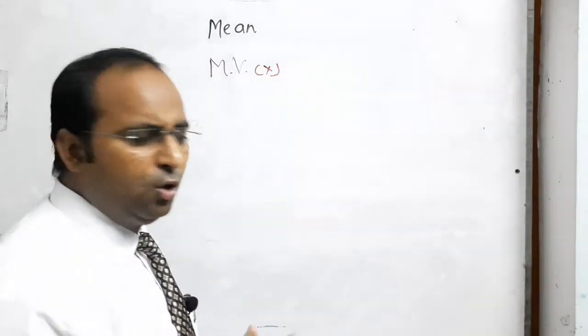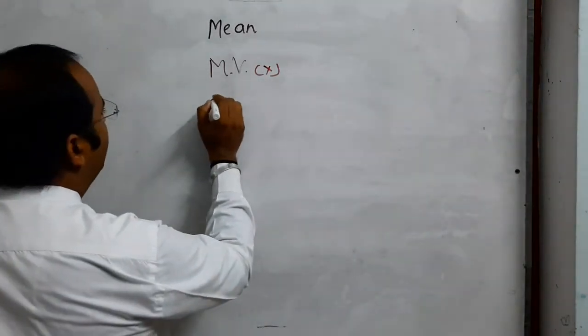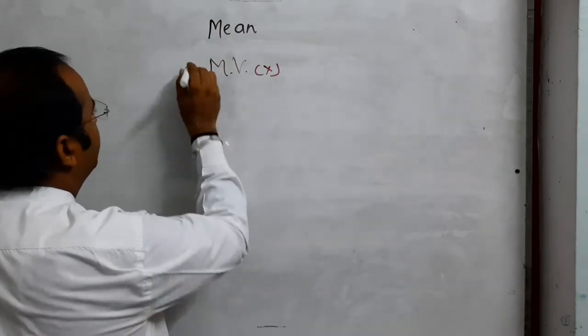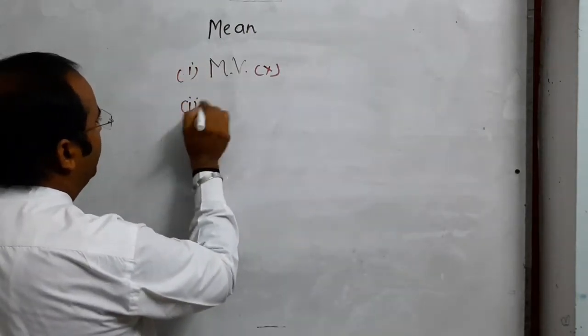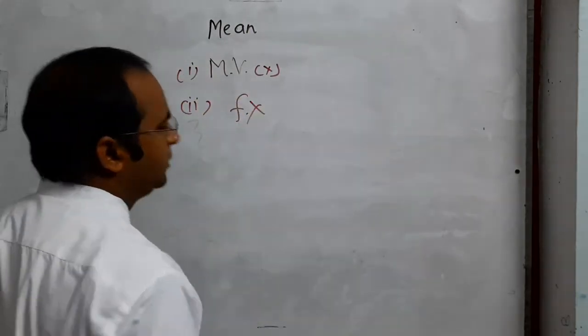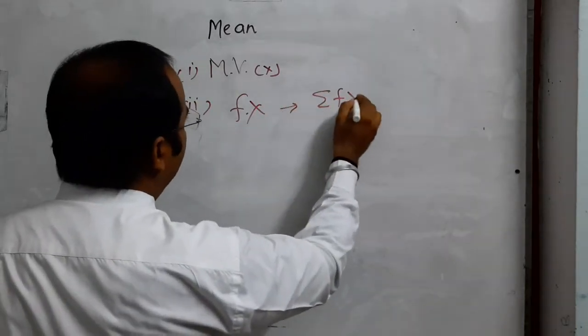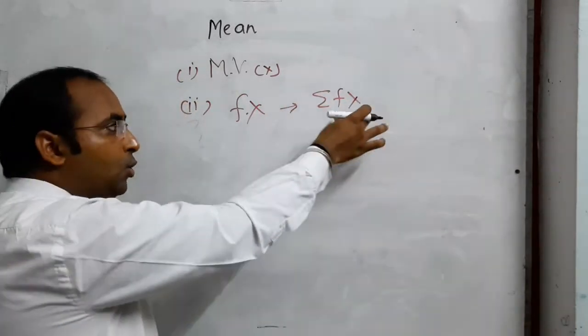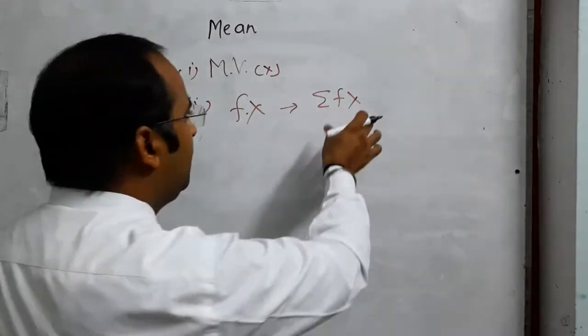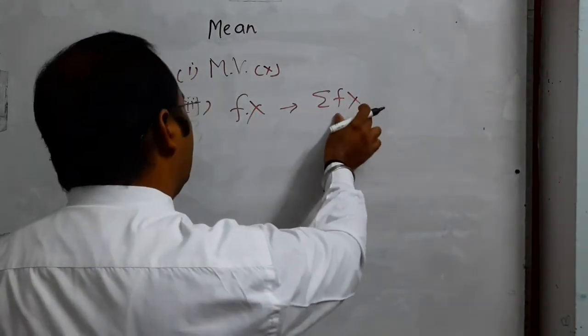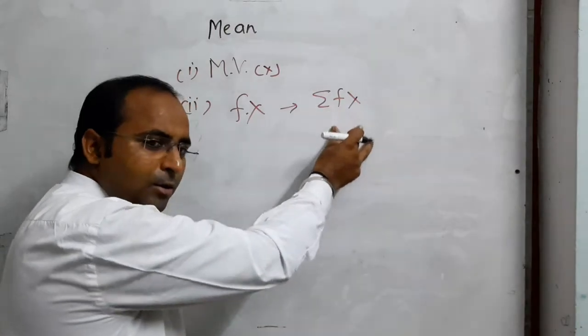After this you multiply with frequency, f into x. This procedure goes next. Sigma fx is when we add the total sum of the product of frequency and variable.